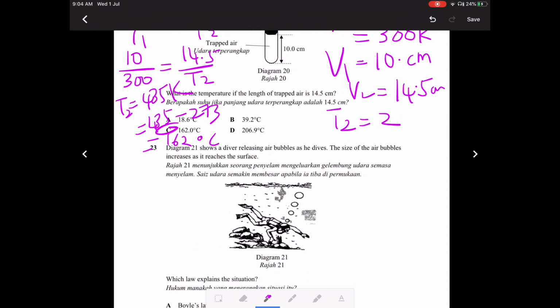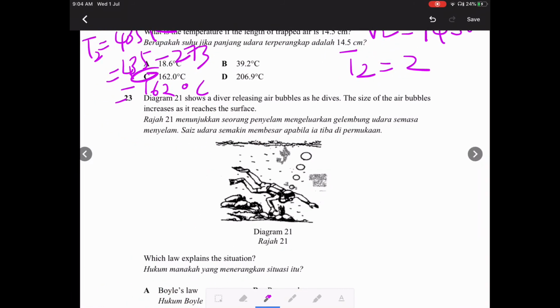Okay, number 23. Diagram 21 shows a diver releasing an air bubble as he dives. Okay, so the size of the air bubble increases as it reaches at the surface. Okay, which law?